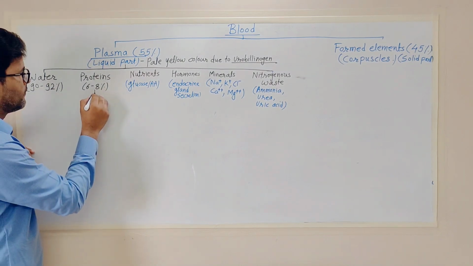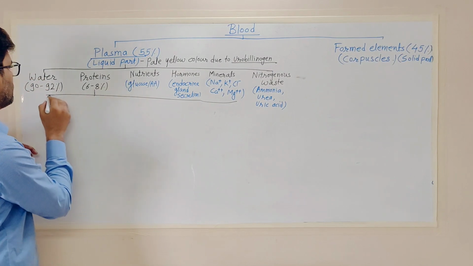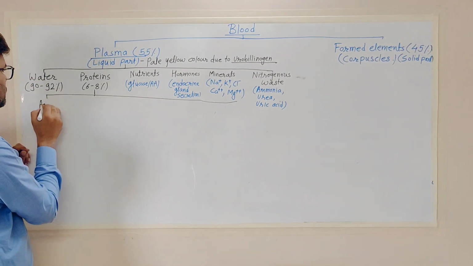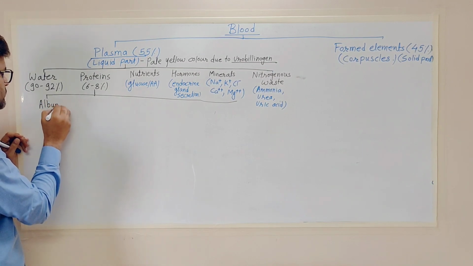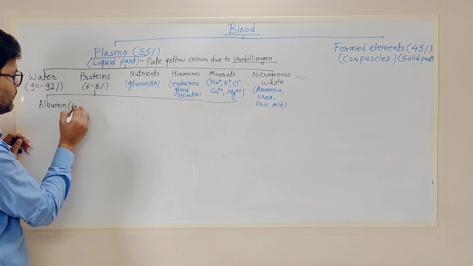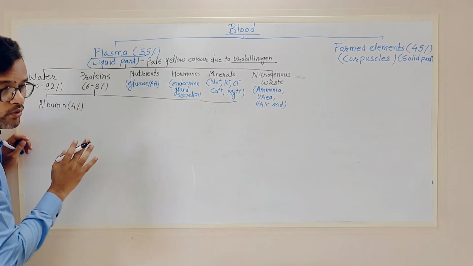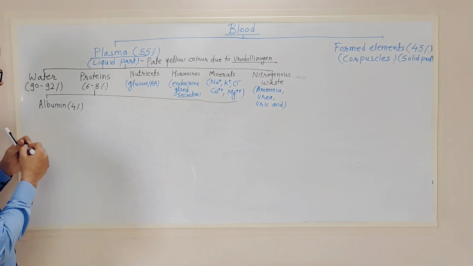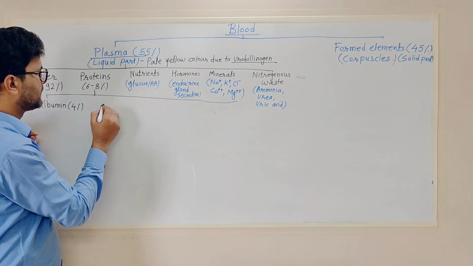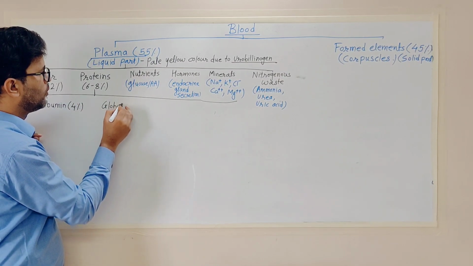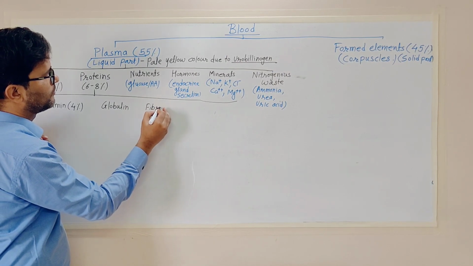Now the major component of plasma is the water, but plasma also consists of proteins. They are of different types. Clear? So the protein which is maximum present is albumin, it is 4%. Out of 6 to 8%, 4% is the albumin only. It is maximum, as well as it is the smallest one. Then the second one is globulin, third is fibrinogen.